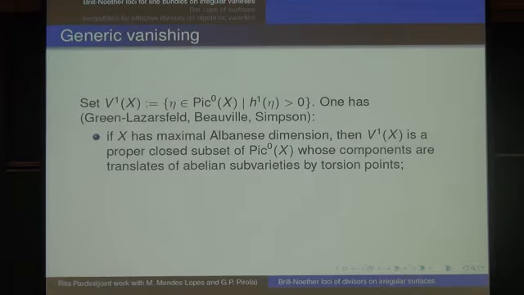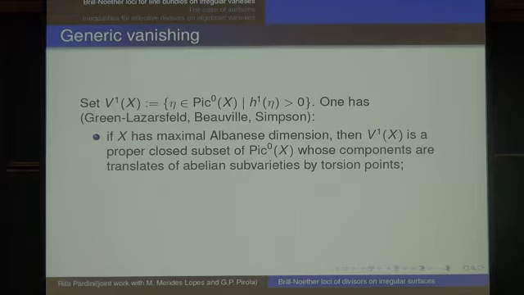essentially by Green and Lazarsfeld, saying that all the so-called cohomological support loci have dimension at least equal to the index, the group you are looking at, if X has maximal Albanese dimension, and the components are translates of abelian subvarieties.